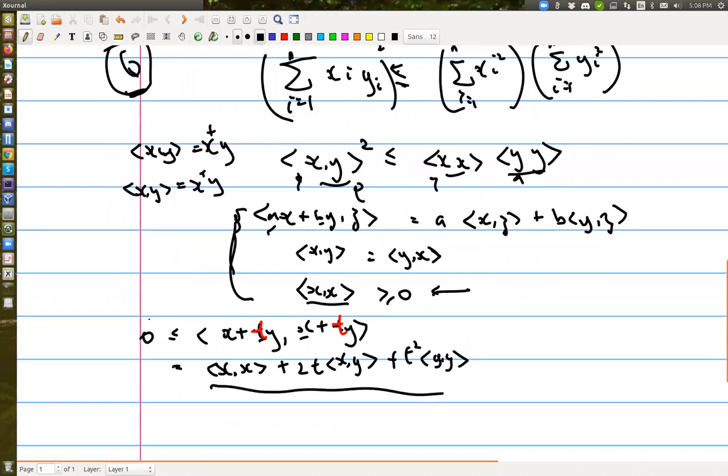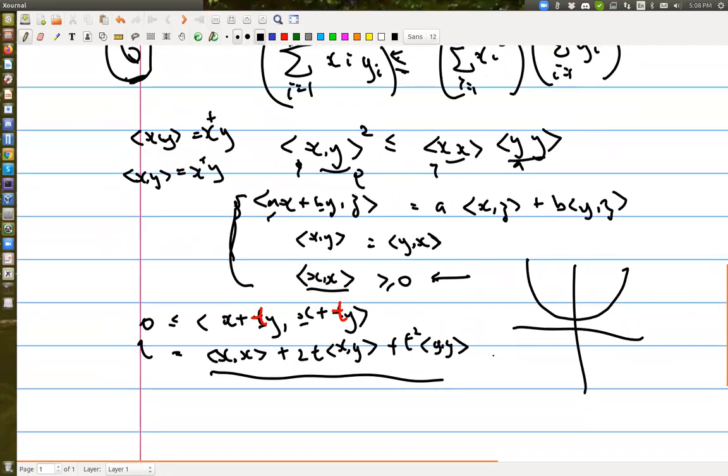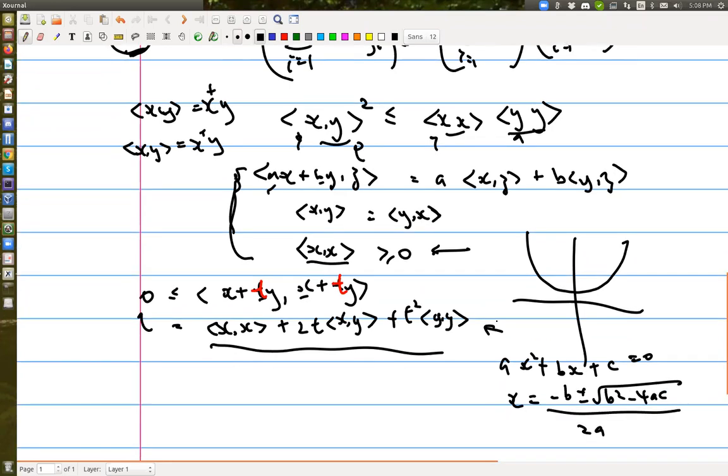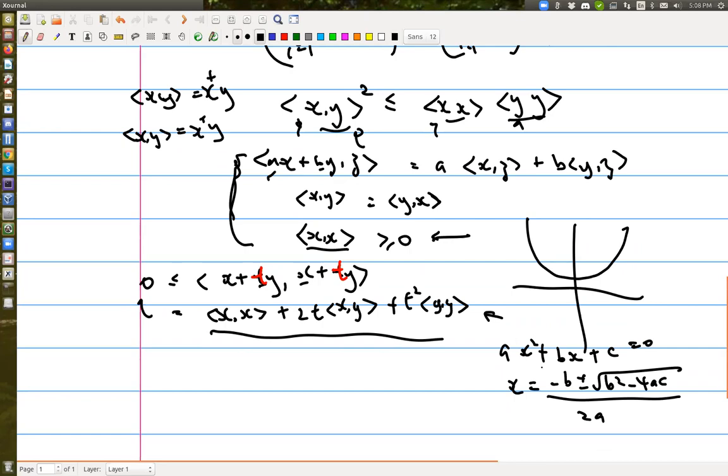For this to be bigger than or equal to 0, if you remember from high school, you have this kind of quadratic equation. The solution of a quadratic equation in general, say aX squared plus bX plus c equal to 0, is X equals minus b plus or minus the square root of b squared minus 4ac, over 2a. I'm not sure I have the exact formula.